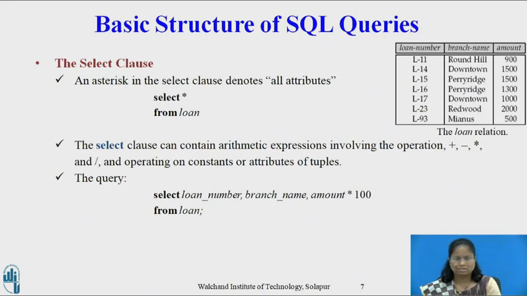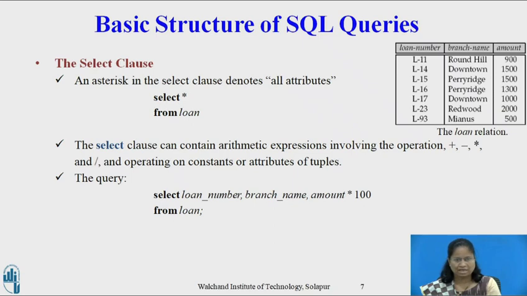The asterisk symbol, star, can be used to denote all attributes. A select clause of the form select star indicates that all the attributes of all relations appearing in the from clause are selected. SQL command: select star from loan.